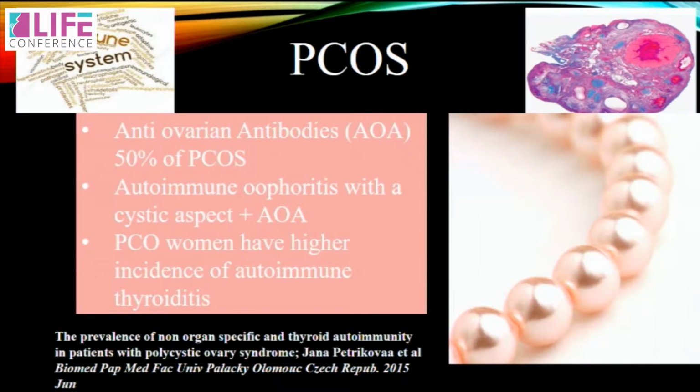So, looking at the PCOS picture, we have been really baffled as to why some PCOS respond to very, very slight doses of gonadotrophins or clomiphene citrate or letrozole, and why some ovaries are so resistant that the maximum dose does not actually give the follicles out to maturity.